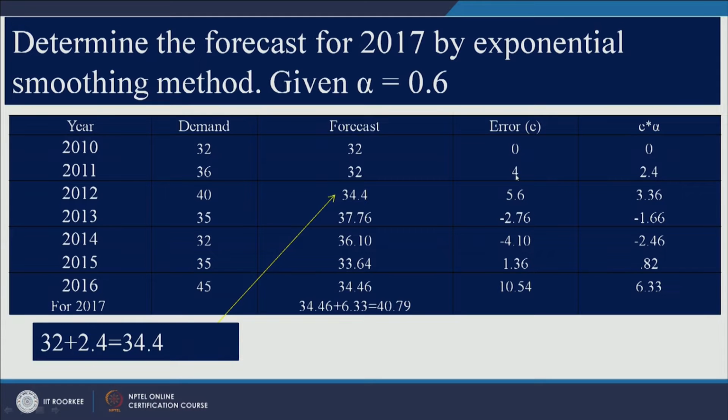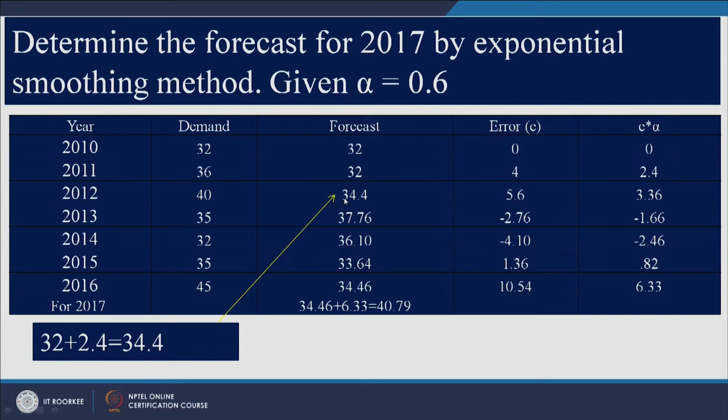So, 4 into alpha is 2.4. So, error into alpha is 2.4. Now, what would be the forecast for this period?